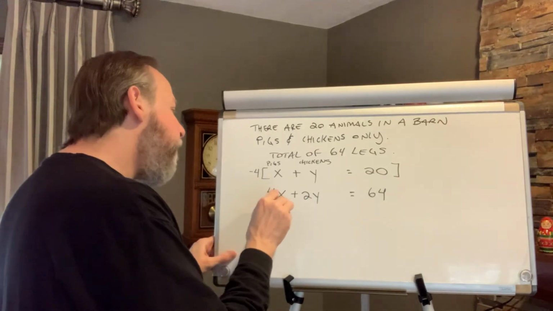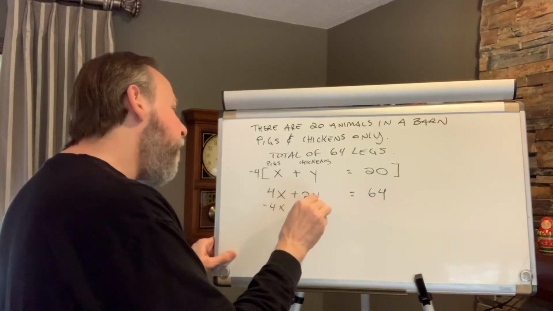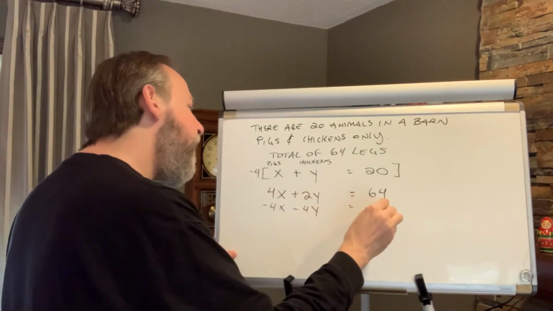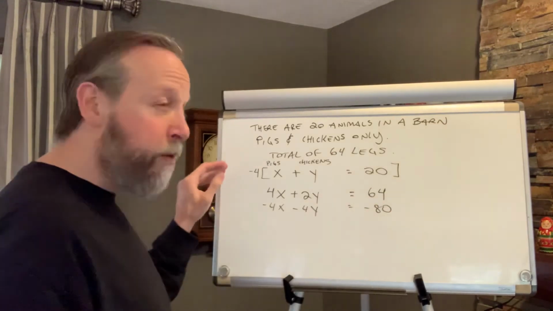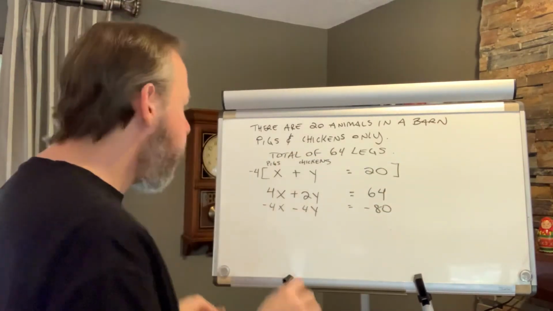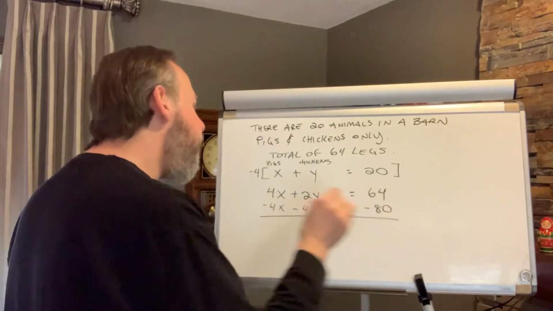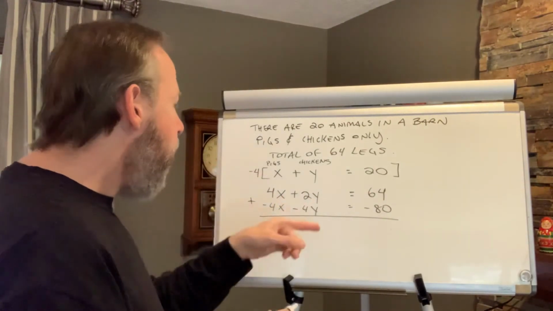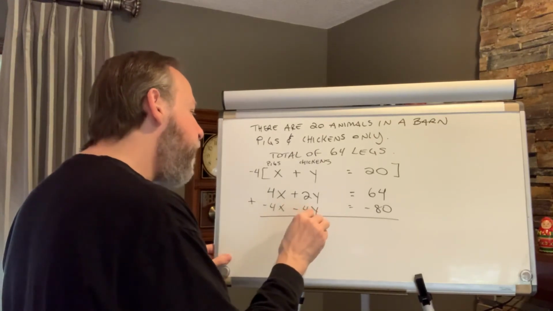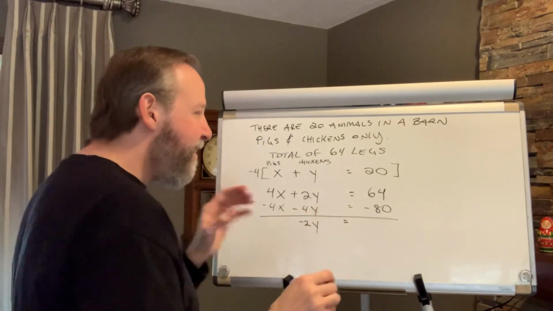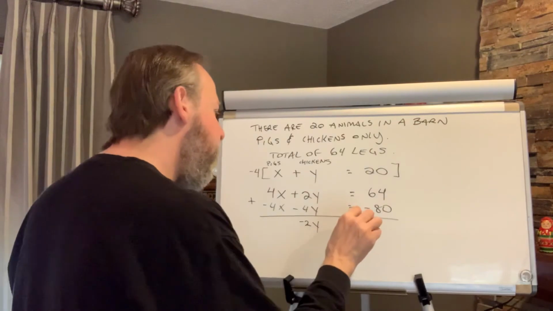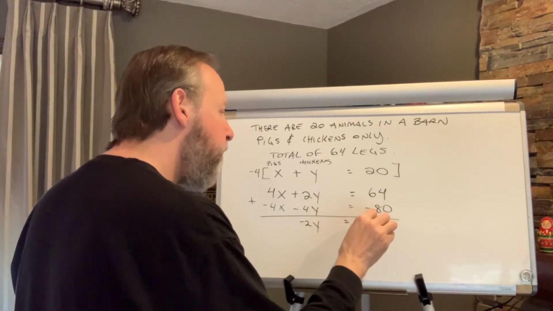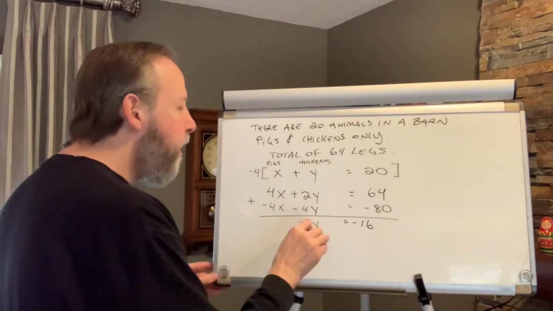So I get -4x minus 4y equals -80. Remember, I have to distribute that throughout the entire row. Now I can add vertically. That's how eliminations worked. The x's cancel. The y's become -2y, and 64 minus 80 is negative, anyone? 16. Divide by -2.